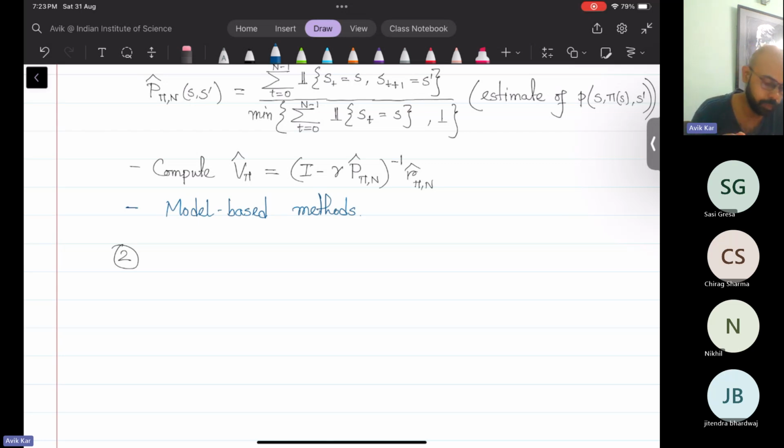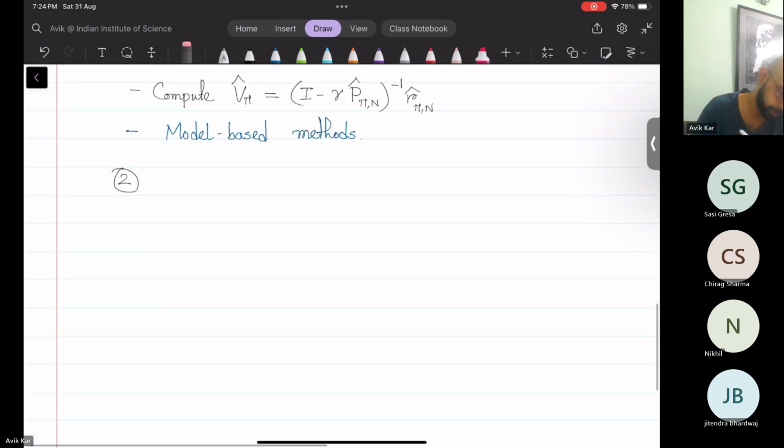This is a bit complicated because you are going through a route, but people have analyzed both of these types of algorithms. One is this, and the other is where you directly try to estimate the value, which is called model-free methods.